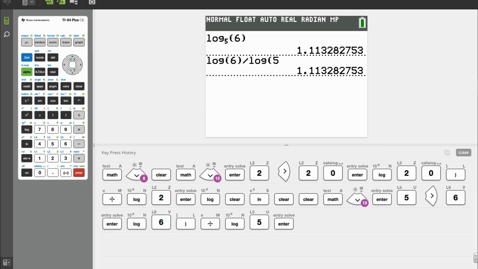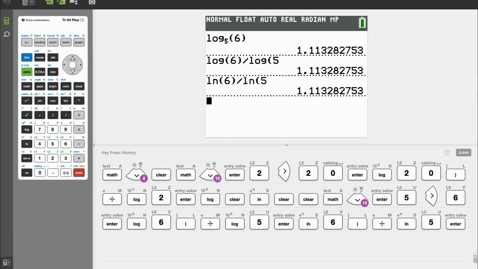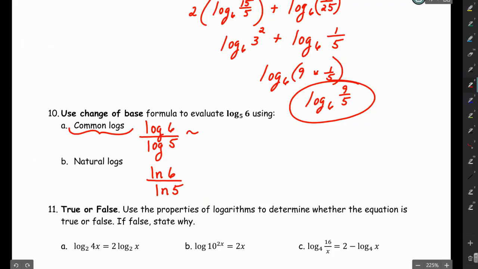Or we could use ln of 6 divided by ln of 5, and we'll get the same answer. So we're saying with change of base, we could use any base we want and do log of that base of 6 divided by log of that base of 5. They're all the same thing. And so no matter which way you look at it, you get approximately 1.11.